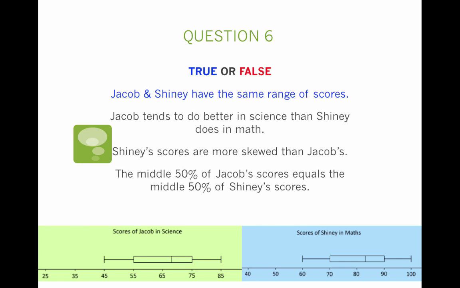Well, we have a minimum, a Q1, a Q2, a Q3, and a maximum, we have a range, and an interquartile range. So of all of those statistics, what would we need in order to answer this? Well, there's one key word: tends. What do we mean by tends?